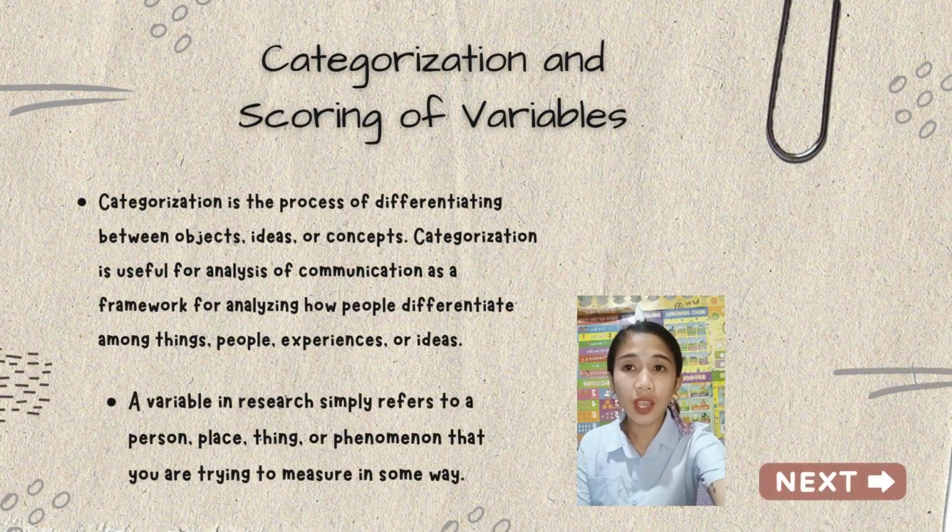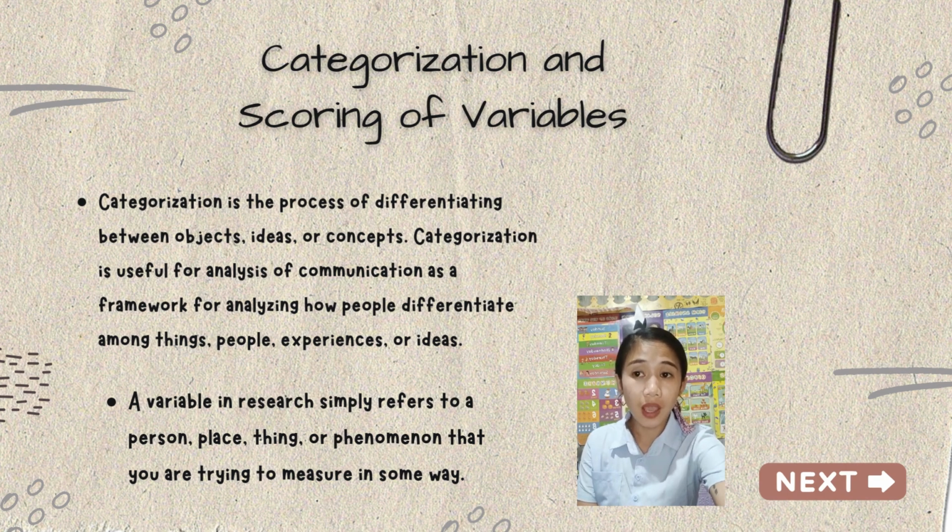So, categorization and scoring of variables. Categorization is the process of differentiating between objects, ideas, or concepts. Categorization is useful for analysis of communication as a framework for analyzing how people differentiate among things, people, experiences, or ideas.